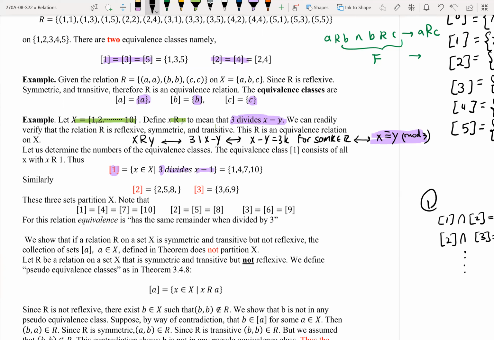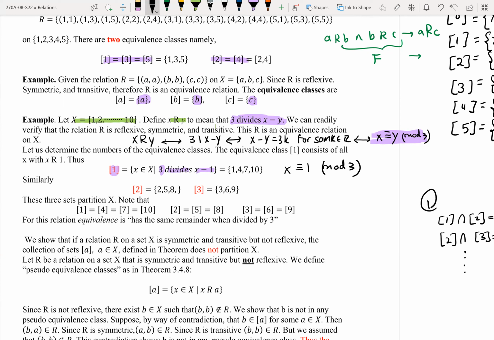So you're looking for all the numbers x which have the same remainder as 1 in mod 3, according to what we got on top. That's exactly the second way of defining mod. Okay.